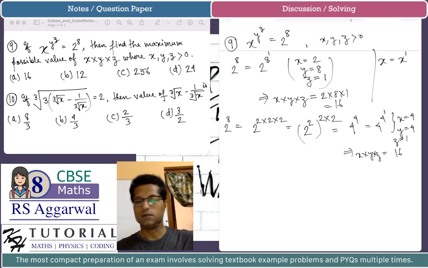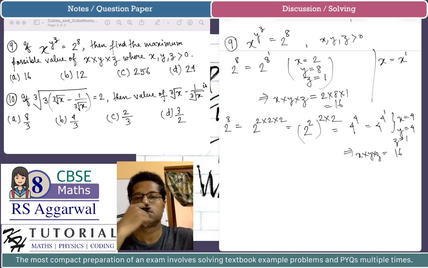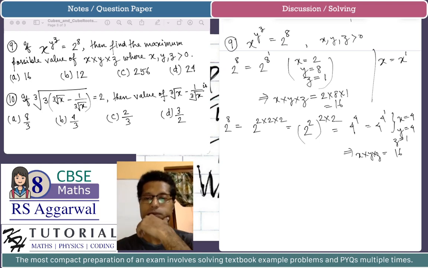What are the different forms we can express 2 to the power 8? 2 to the power 8 is 2 to the power 2 into 2 into 2. Now 2 to the power 8 is 4 to the power 4.